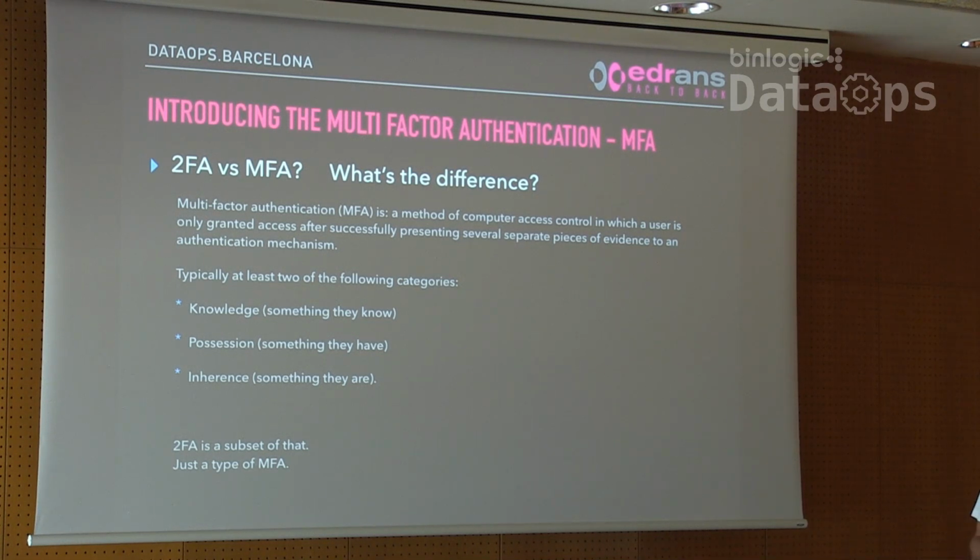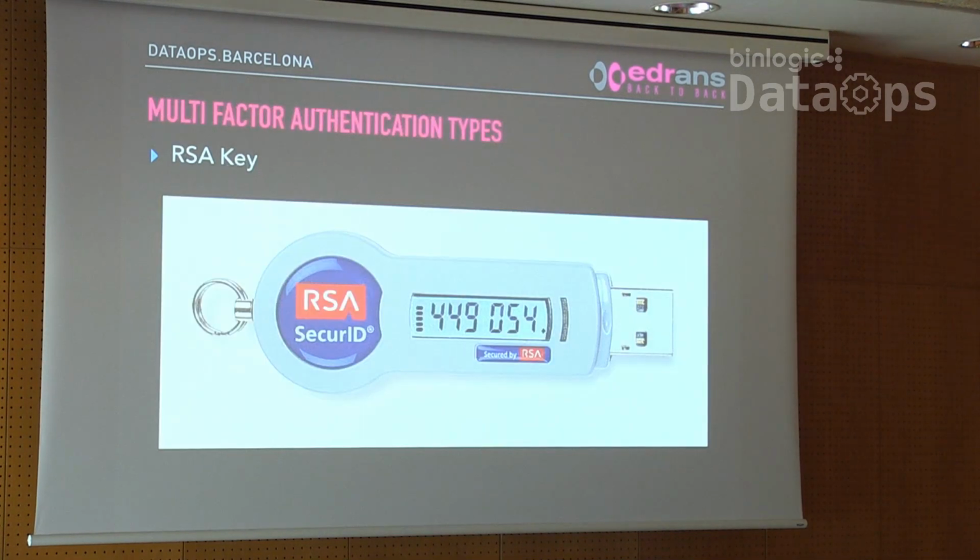Possession, something they have. It can be, for example, an RSA key or some other methods we're going to see afterwards. Or just a key and a smartphone. And inherence. We can add a few more security layers, but let's not complicate it so much. So two-factor authentication is a subset of multi-factor. It's a kind of multi-factor authentication. It was just a clarification, this slide.